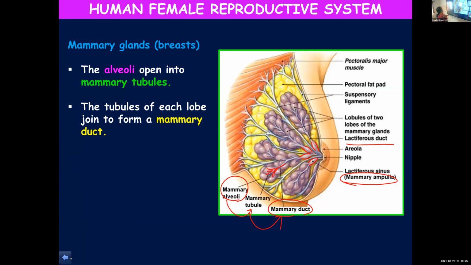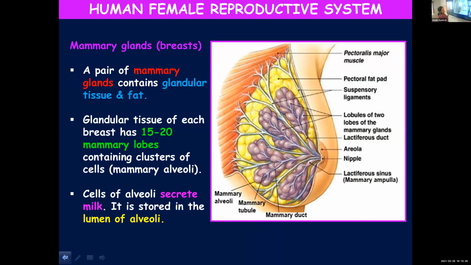Okay, I'll repeat once again from the beginning. Mammary glands are made up of glandular tissue and fat. And the glandular tissue of each mammary gland consists of 15 to 20 lobes. Here you can find six of them.